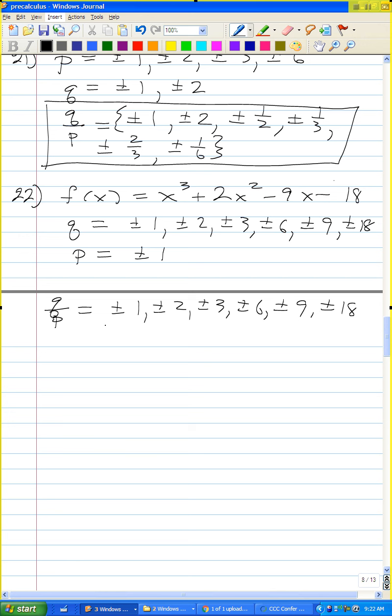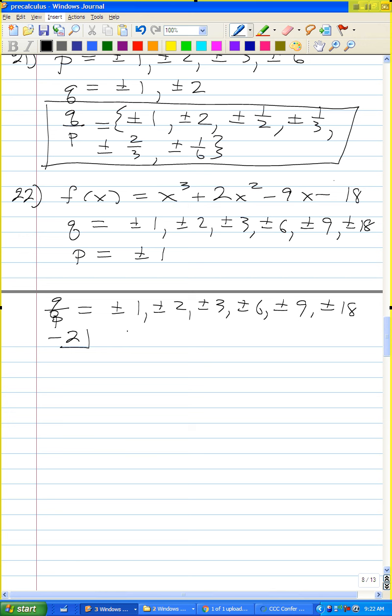So let's try -2. Why -2? Because I can already see it's a factor. If you look here, this is a 1 and a 2, and then 9 to 18 is a 1 to 2 ratio. And so x plus 2 has got to be a factor, so -2 has got to be a root.